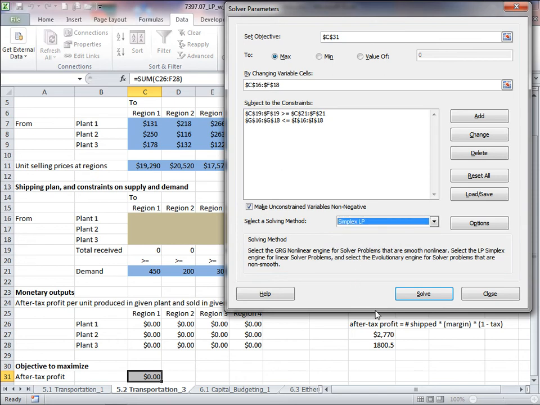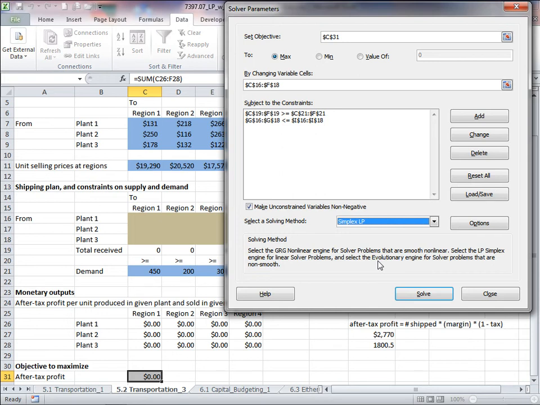Now, this solver model only differs from the first solver model we had in what way? We're just maximizing after-tax profit, right? But as far as the actual decision points are concerned, we're still changing the same decision variables. We still have the same shipping costs.